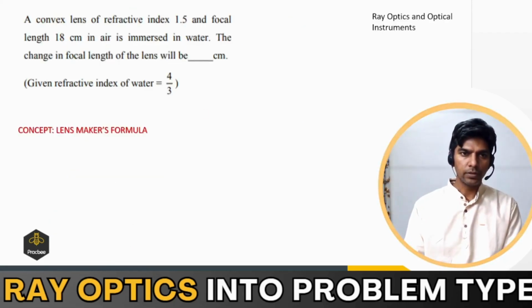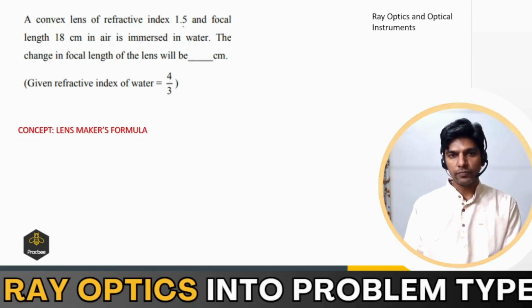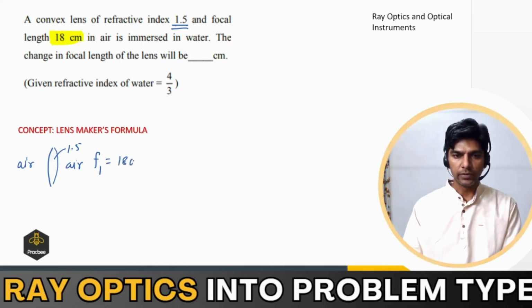Now let us see the questions based on the same concept. A convex lens of refractive index 1.5, focal length 18 centimeter in air is immersed in water. So we have a convex lens in air having a refractive index 1.5, and the focal length is 18 centimeter.